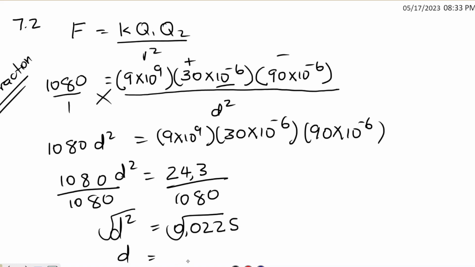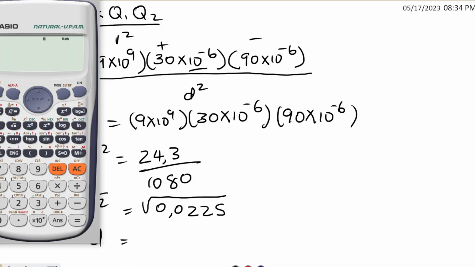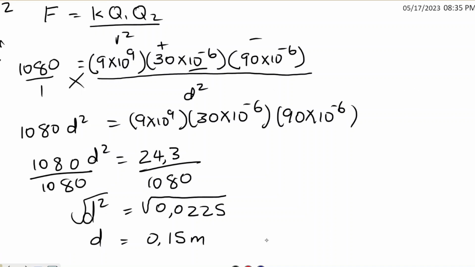So d will be equal to the square root of 0,0225. Then the answer is 0,15. So the distance between these two charges is 0,15 meters.